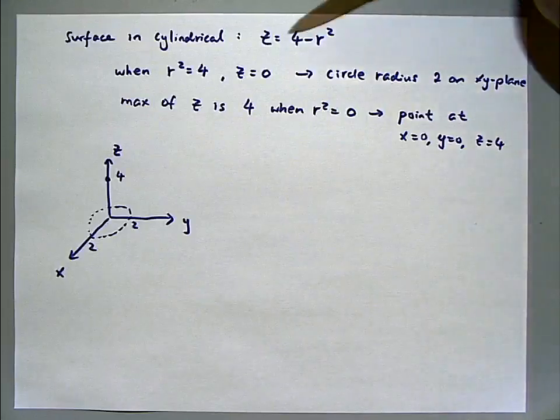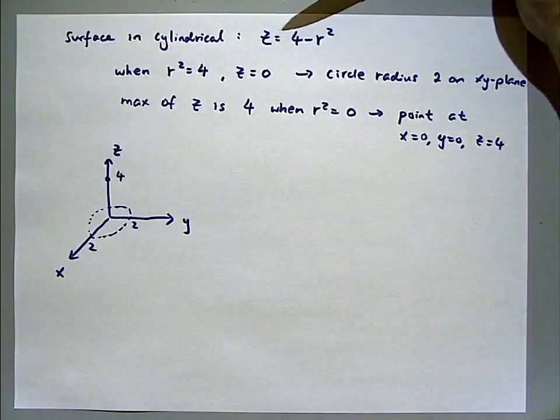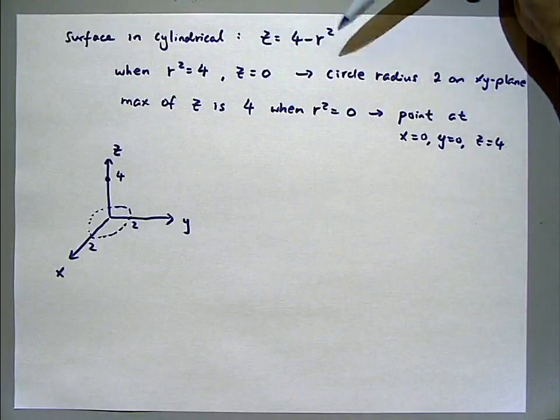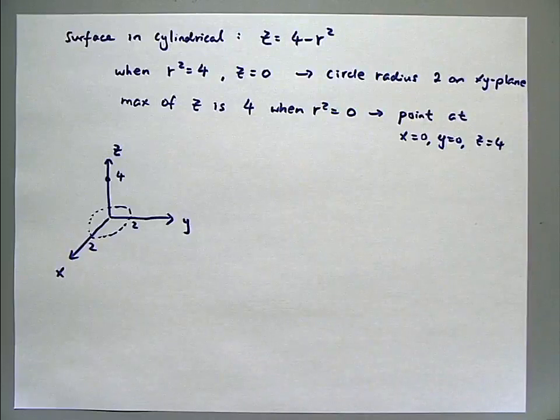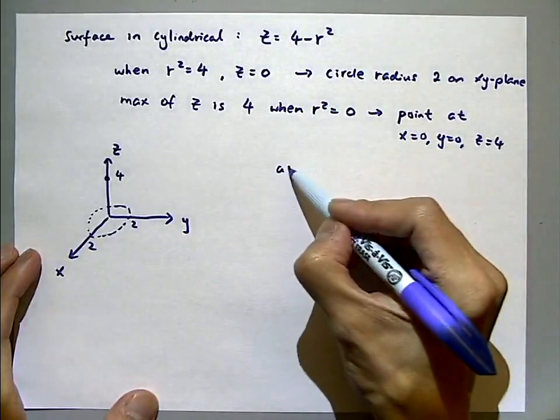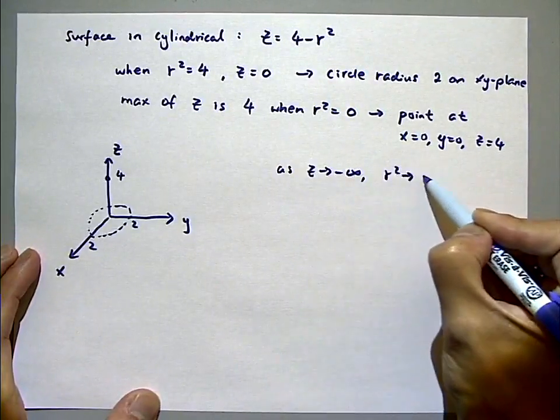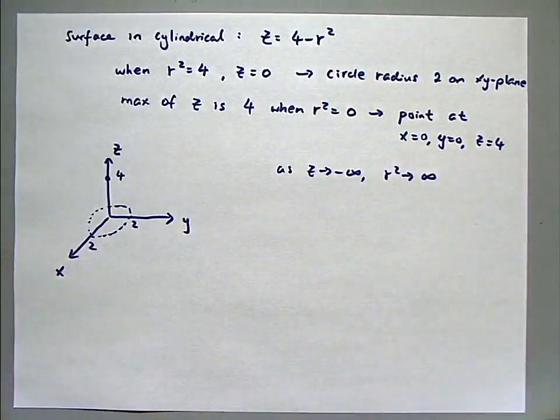And notice that as z gets below the x and y plane, when z is negative, that means r squared keeps on getting bigger and bigger. So the circle gets bigger and bigger as z gets lower and lower. All right, so what is this surface that we're staring at here?